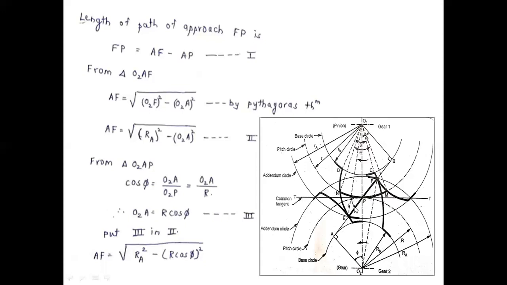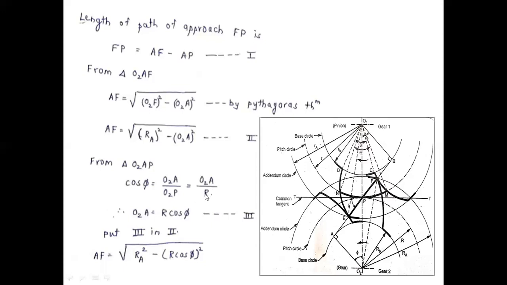So this angle is phi. So cos phi is equal to the adjacent side O2A divided by the hypotenuse O2P. But O2P is nothing but the pitch circle radius of the gear, capital R. So O2A is equal to R cos phi.